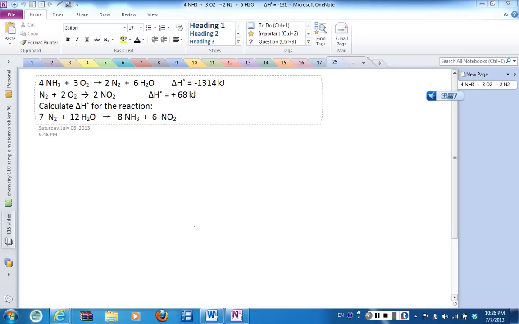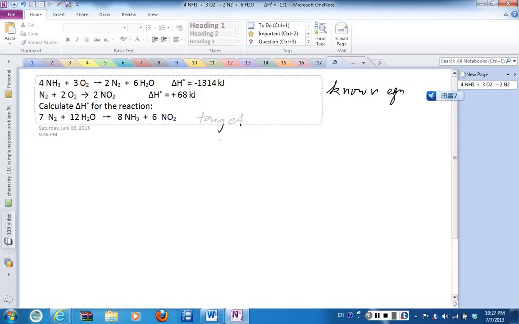Basically we have a target equation and we have two known equations. For the known ones, we know the thermochemical value, and for the target we want its thermochemical value.